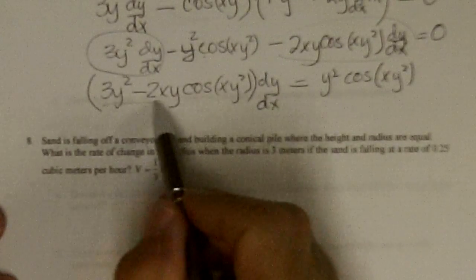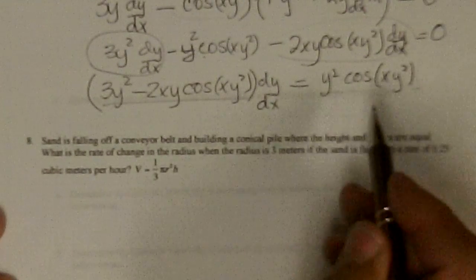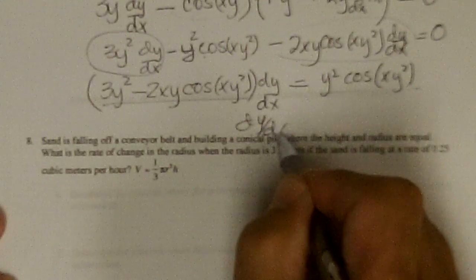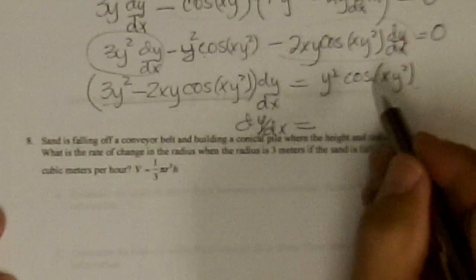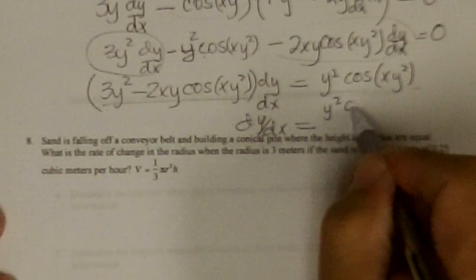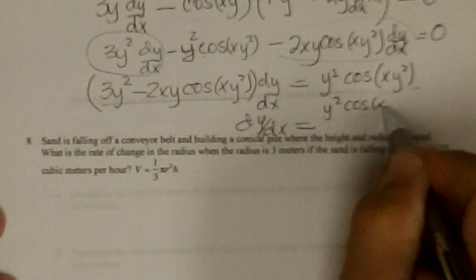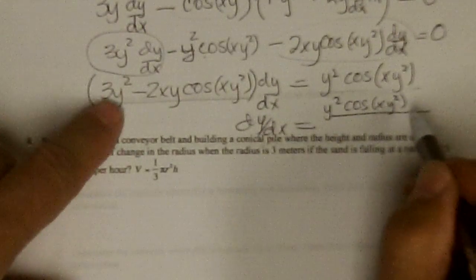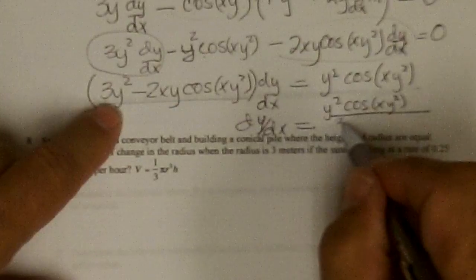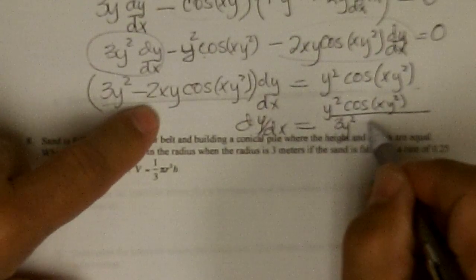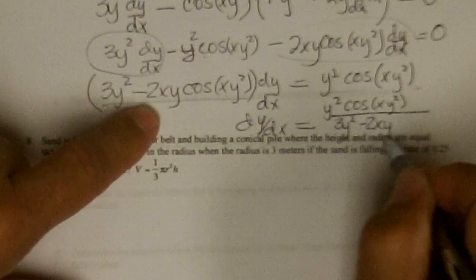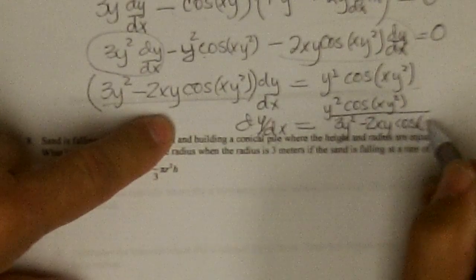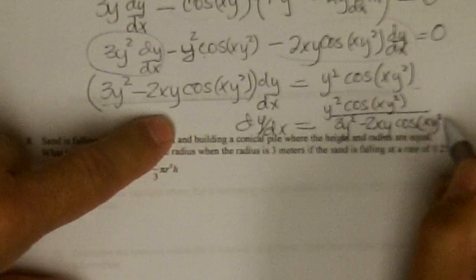And if we divide by this quantity on both sides, we get finally dy dx equals y squared cosine xy squared divided by 3y squared minus 2xy cosine of the quantity xy squared.